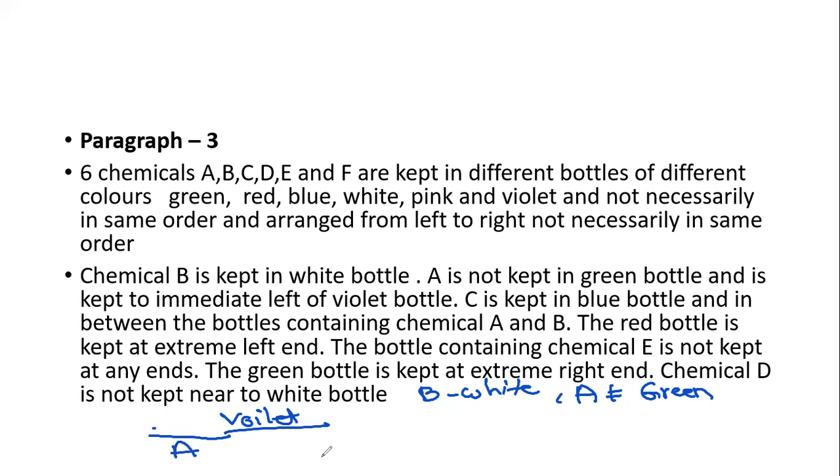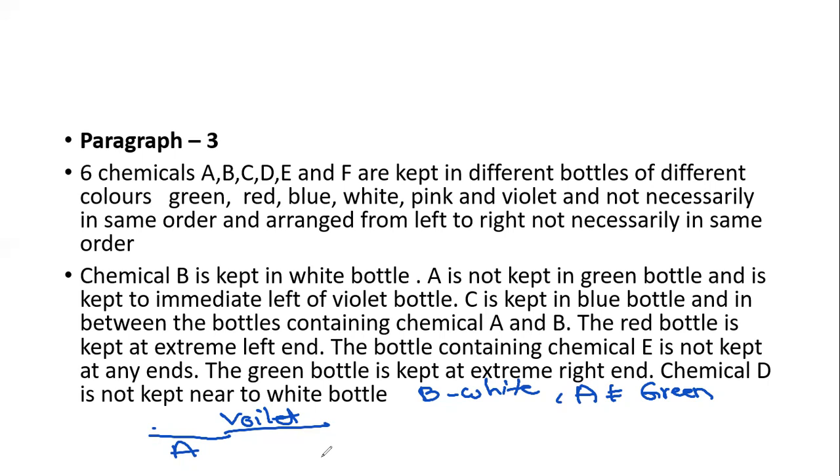Violet color bottle is having a chemical. We don't know what the chemical was. They clearly mentioned left of violet bottle. Violet bottle I kept here. This is right side of violet bottle. This is left side of violet bottle. I don't know which color bottle will come here, but A should be the left side of a violet bottle, and that too immediate left.